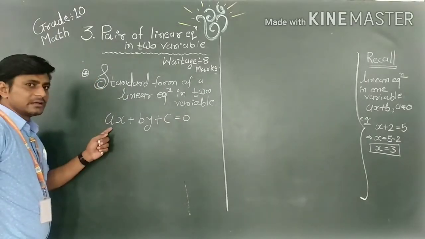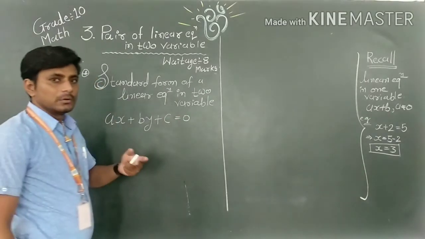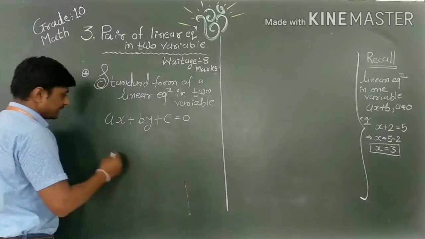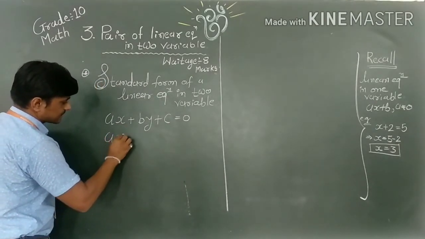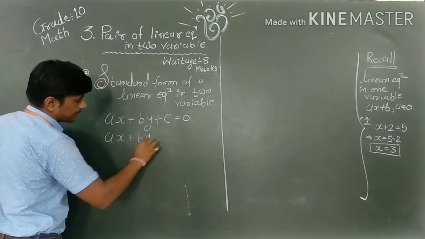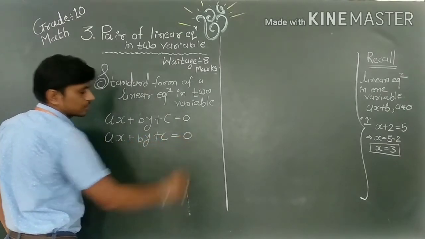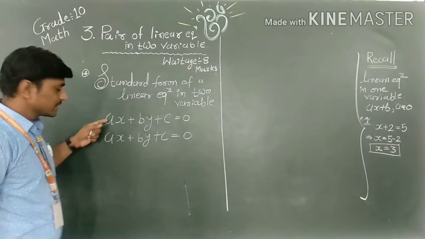This is a single equation. If we have two equations, then again we write ax plus by plus c is equal to 0, but these both are the same.